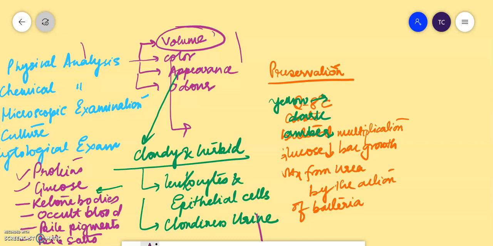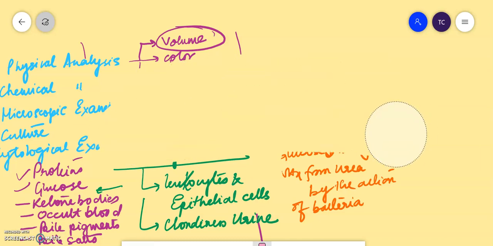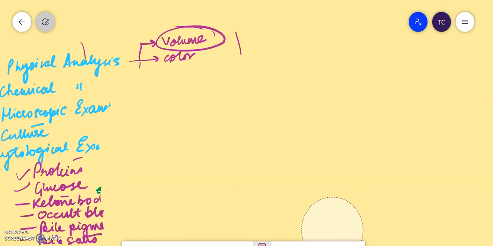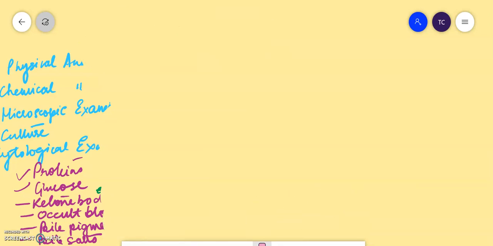Then I will move on to the microscopic examination of the urine. The general consideration is that microscopic examination is a valuable diagnostic test for the detection and evaluation of renal and urinary tract disorders, which I talked about at the very beginning. Microscopic elements present in urine are collected in the form of deposit by centrifugation.